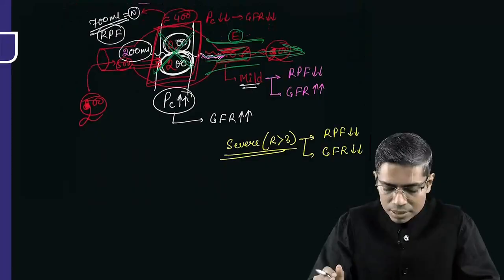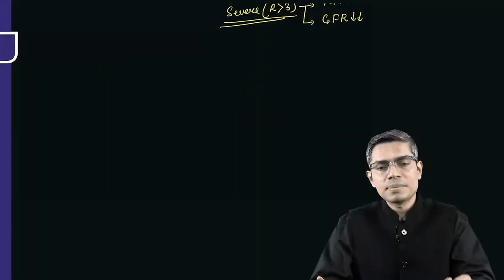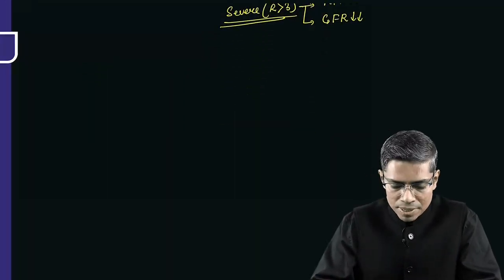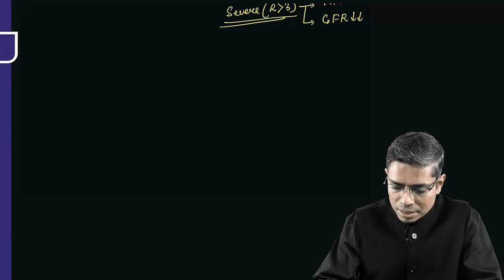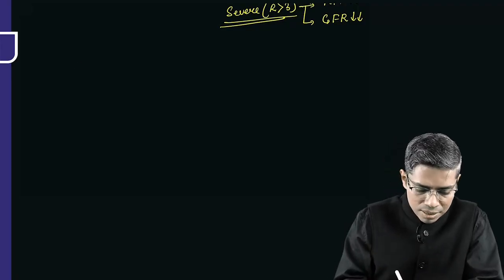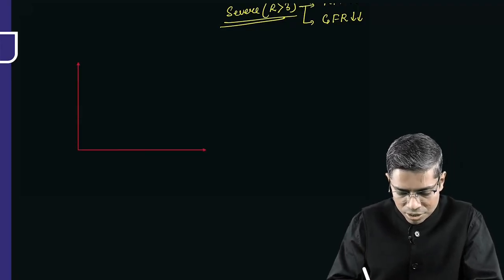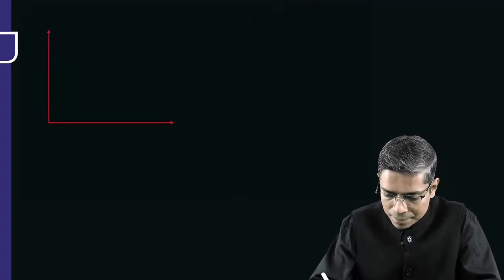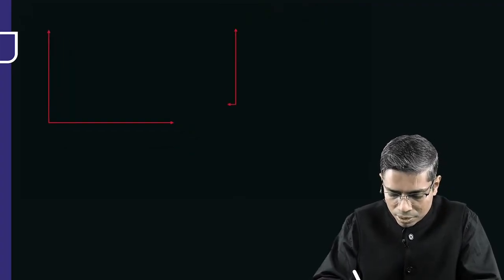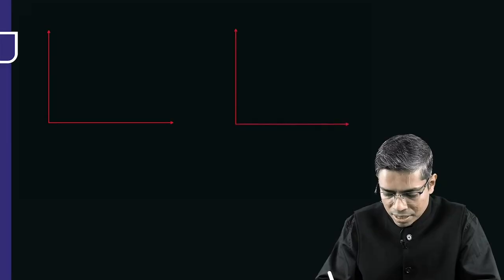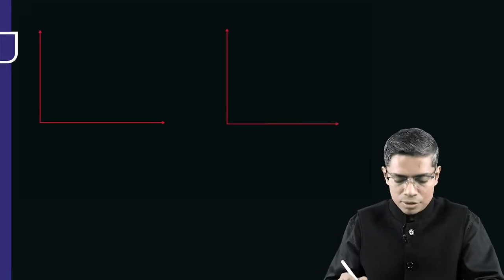Now, if you look at the graphical representation, sometimes an image-based question can be given. So if I plot some graph to understand afferent and efferent arteriolar constriction, how will it look? I'll draw two graphs side by side. In one, the afferent arteriole will be constricted, and in the other, the efferent arteriole will be constricted.